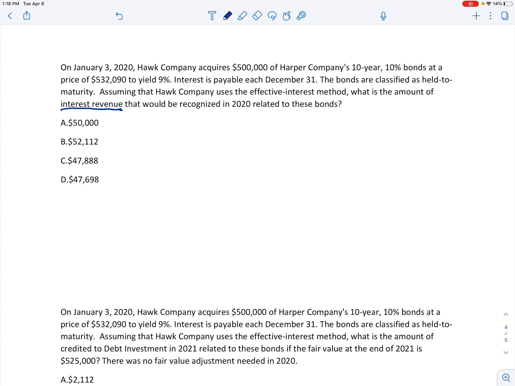So remember, we're going to find that interest revenue using the yield and the fair value. You might want to write yourself a note.